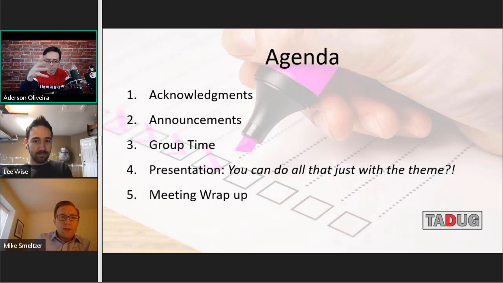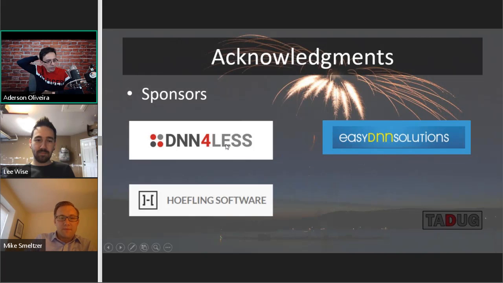A few announcements, some news, a little bit of group time, and the main presentation, which is the reason why you are all here. The presenter is already waiting for us to give the green light. Then we have our meeting wrap up, so I hope that you enjoy the meeting and the main presentation. But before that, let's go through here.